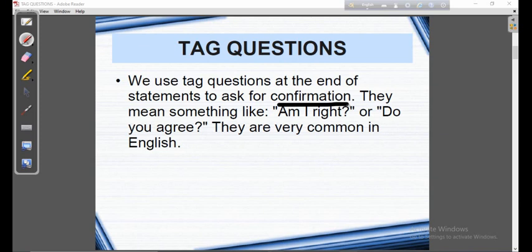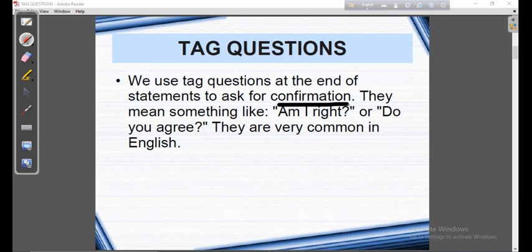I want to know others' opinion, others' agreement, others' approval of the very thing I know, or I think, or I feel. So to know the listener's approval, we add a mini question, a small question.